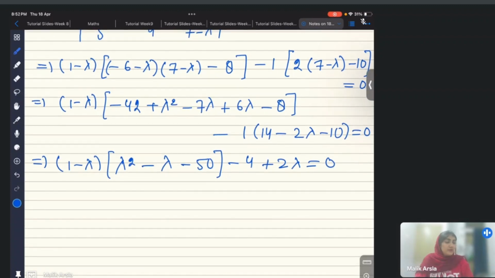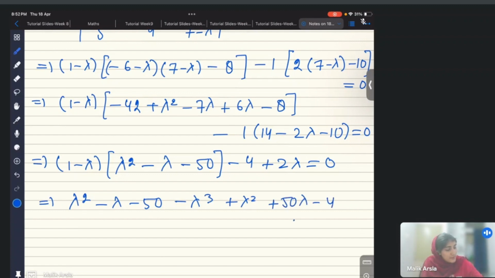Now simplifying this further, we have lambda square minus lambda minus 50 minus lambda cube plus lambda square plus 50 lambda minus 4 plus 2 lambda equal to 0.